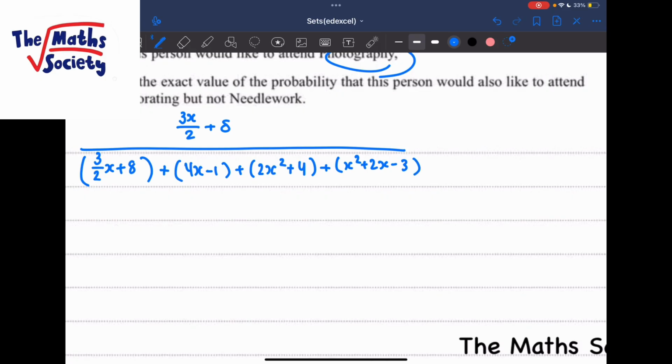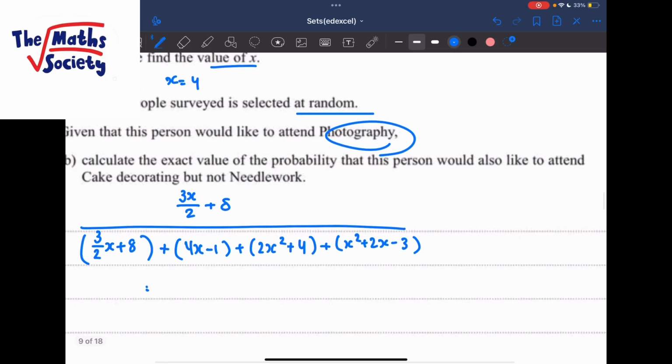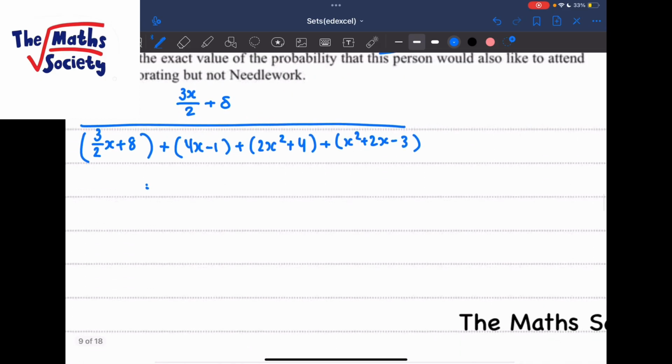We know that x is equal to 4, so we just need to substitute. This is going to be 3 times 4 by 2 plus 8, divided by 3 times 16 plus 7 times 5 by 4 minus 8. That's just going to be 7 by 43, and that should be your probability.